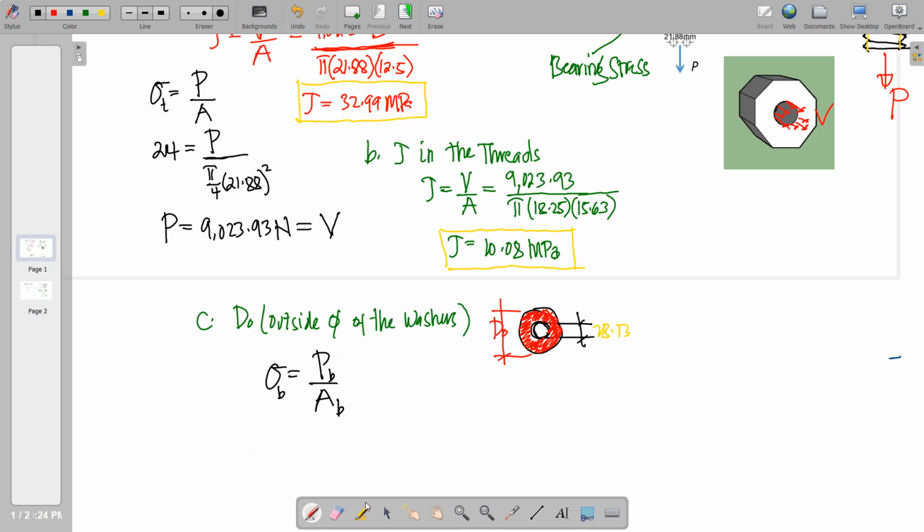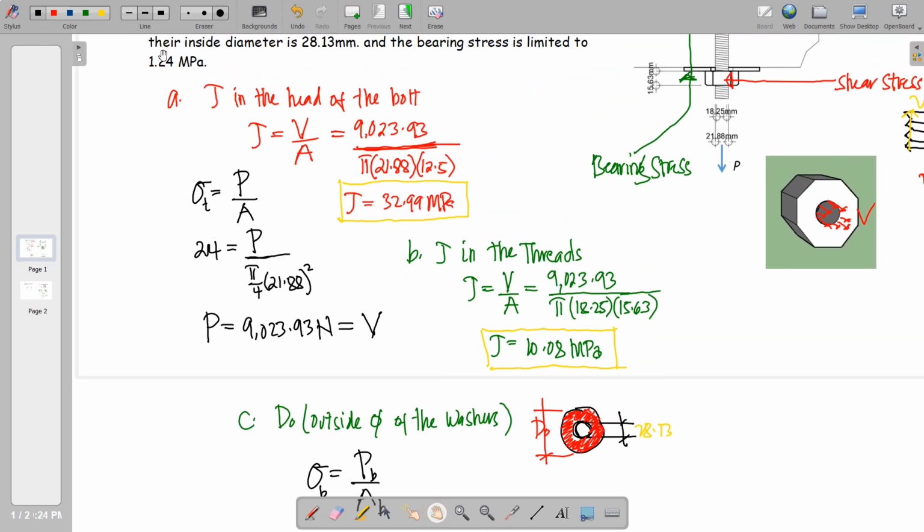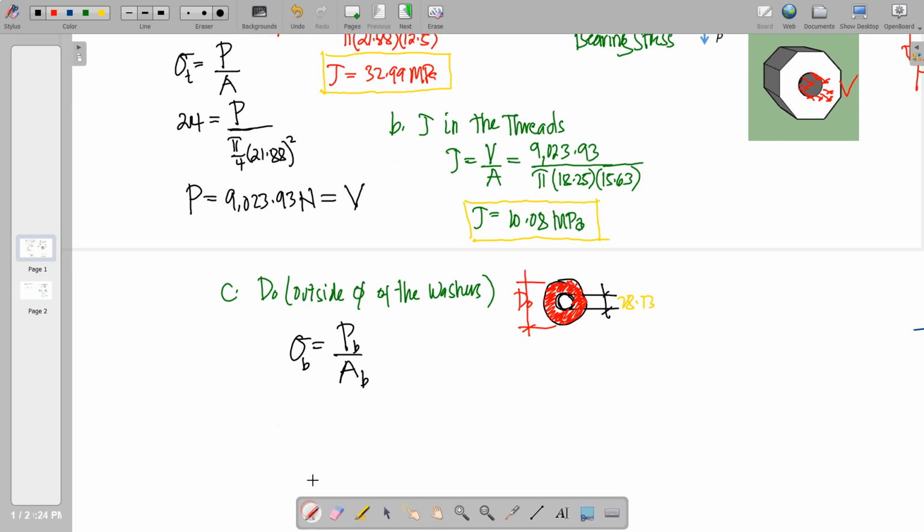Bearing stress is equal to bearing force over the bearing area. The bearing stress, I think it is given in the problem, is equivalent to 1.24 megapascal. So we'll just have to place it in the equation, and the bearing force is actually this one.